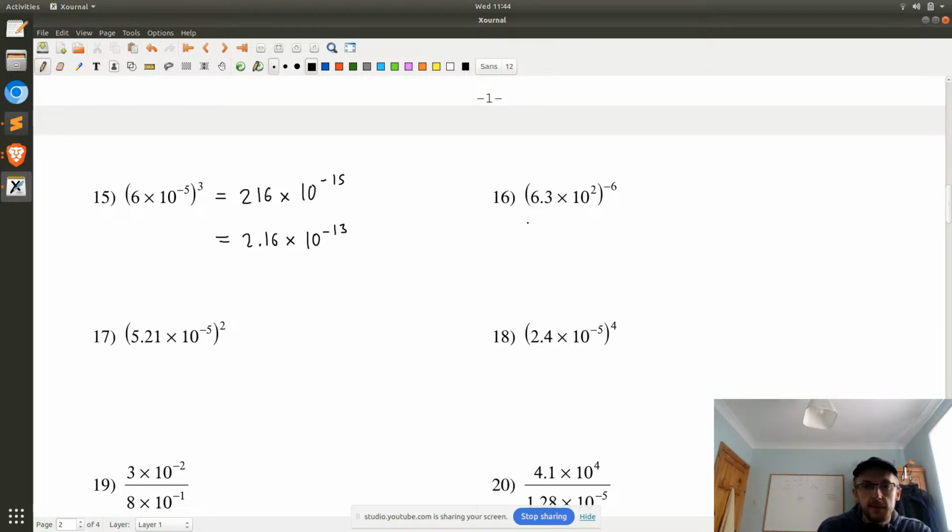I can't do this. 6.3 to the -6 is, okay, approximate sign, please. 1.599. Let's just say 1.6. Times 10 to the -5, and then times 10 to the -12. And that is the same as this.